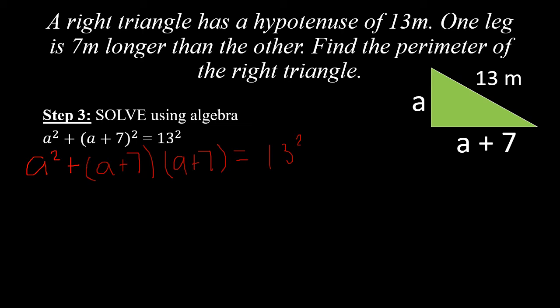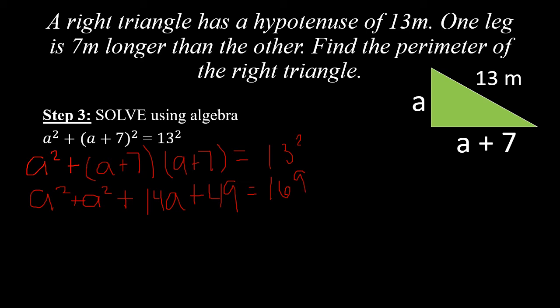So our a squared is going to stay the same. We have to FOIL out a plus 7 times a plus 7, which gives us a squared plus 14a plus 49, okay, when we FOIL that out, and 13 squared is 169.